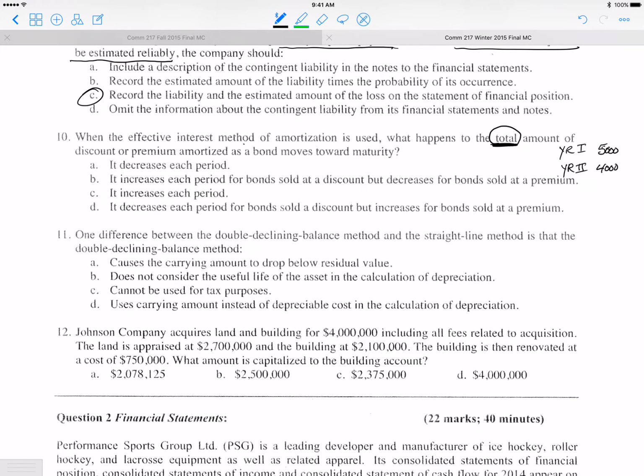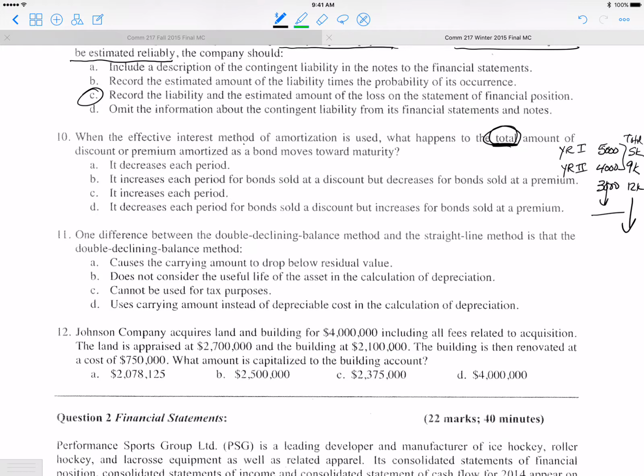As the bond moves towards maturity, after the first year the total is 5K. Here the total is 9K, and even if we do 3,000, this will be 12K. So the correct answer is that as we move towards maturity, the total amount of the discount or premium increases.